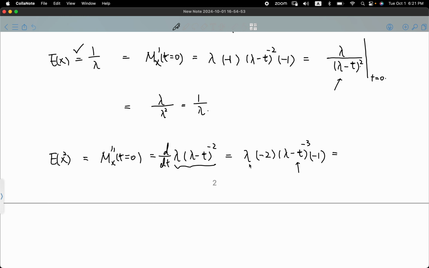And let's simplify here. So the negative signs cancel out. We will have, let me use the fraction form again, essentially 2 multiplied by lambda over lambda minus t raised to the power of 3, right?